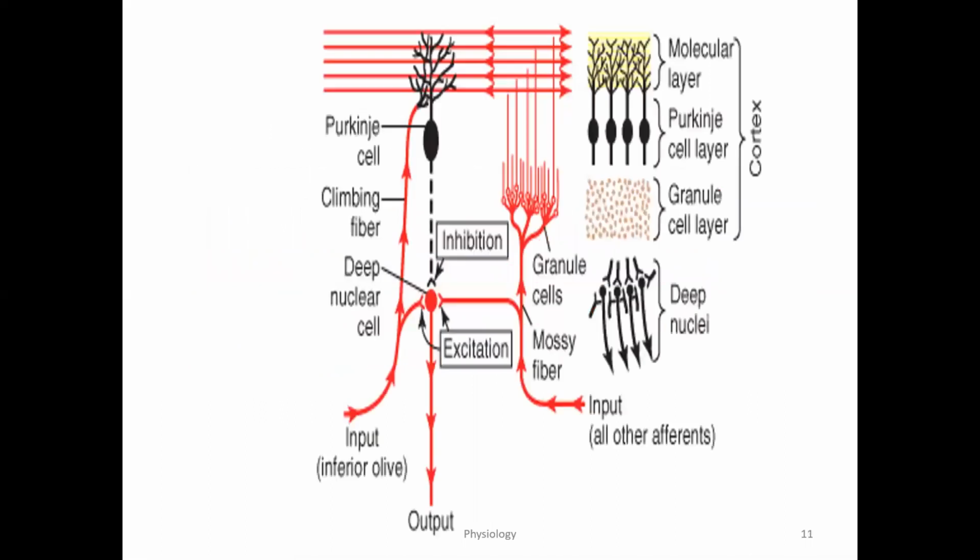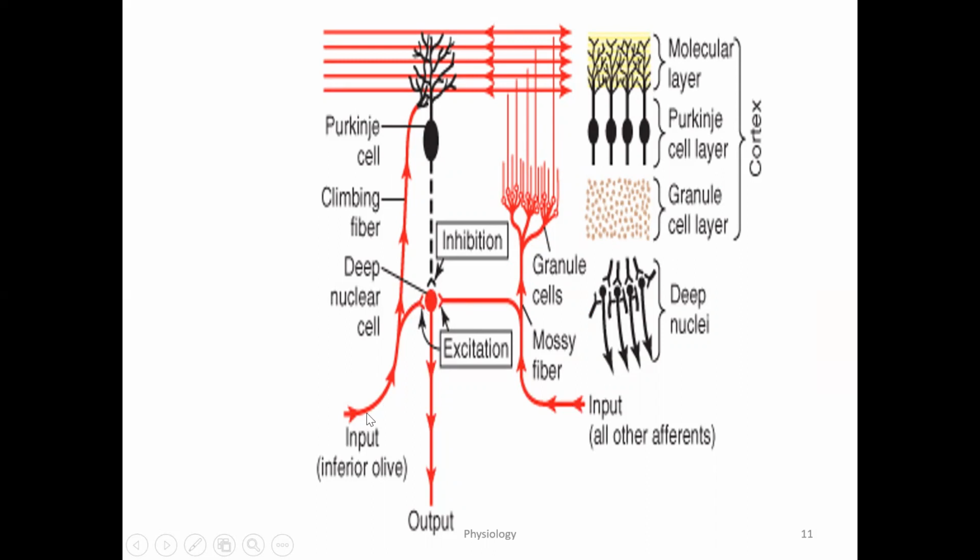So you can see that after the input, that is the afferent via the mossy fiber and the climbing fiber, the action is very specific. First, there is an excitation of the deep cerebellar nuclei. You know that the deep cerebellar nuclei are the only output from the cerebellum. But that output is very specific.